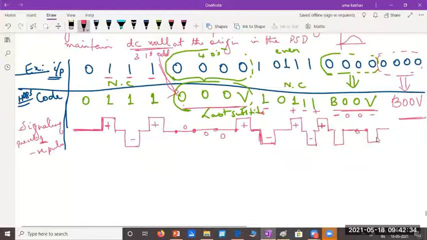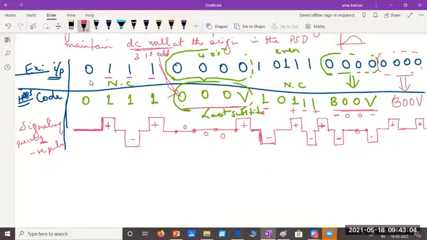Again here, this preceding pulse is negative. So if it is negative in the next replacement, I'll replace this B00V with what? Plus 0, 0, plus. I hope you are following this signaling scheme. Any doubts with this? We have shown a clear example.